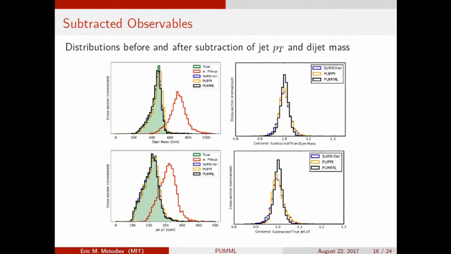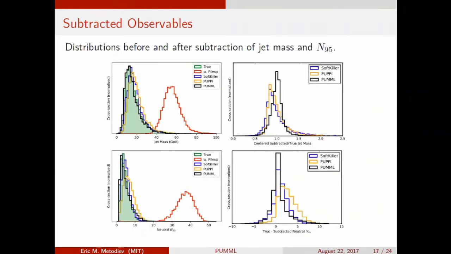On the left is the overall distribution of the dijet mass and the jet pT, and on the right is the per event level, how close the predictions are. So spikier is better on the right, and you can see that we're doing relatively well compared to our competition.